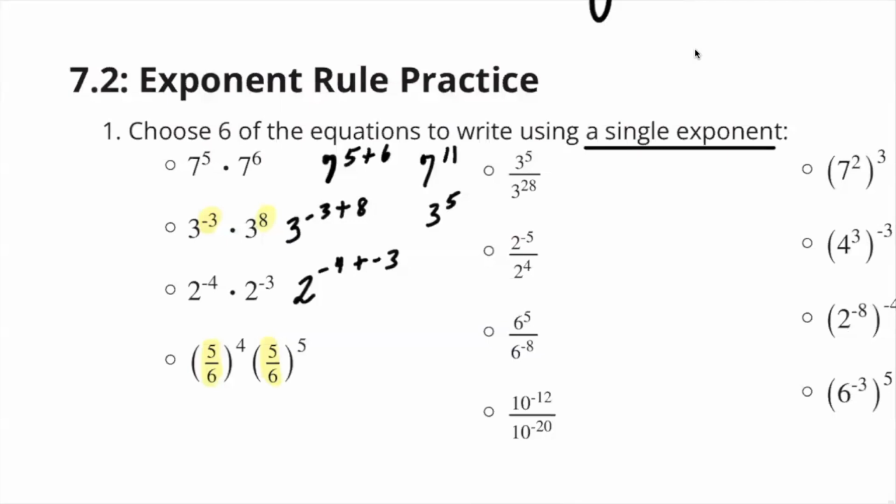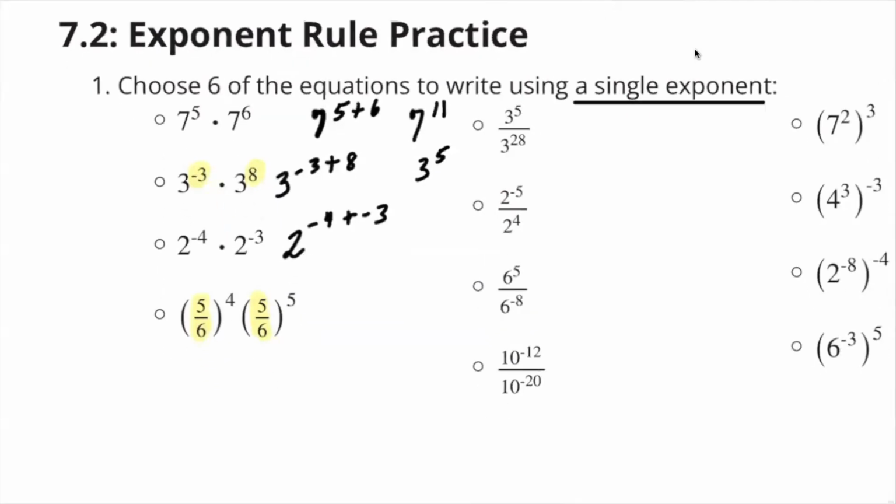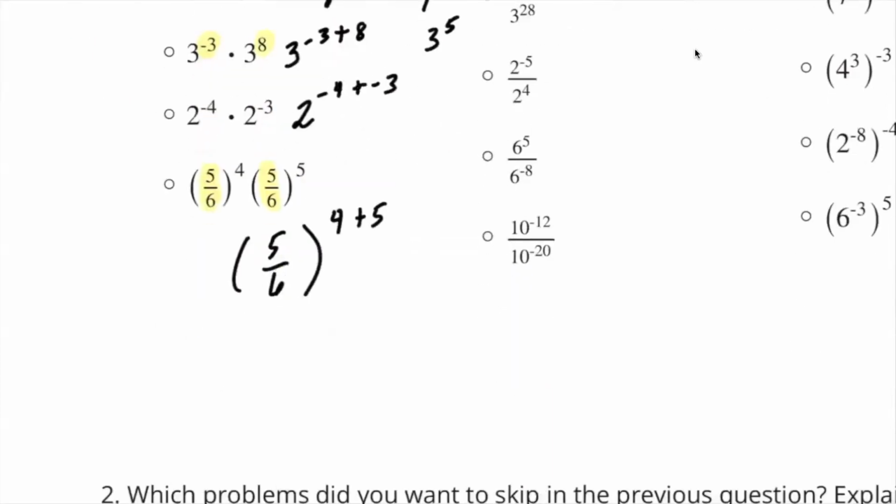And therefore, you would just keep the base because you're multiplying terms with the same base. Let's keep it in parentheses. That's 5/6. And then multiply terms with the same base, add the exponents. So this is going to be 5/6 raised to the, in the exponent, 4 plus 5. So the result is going to be 5/6 to the 9th power.